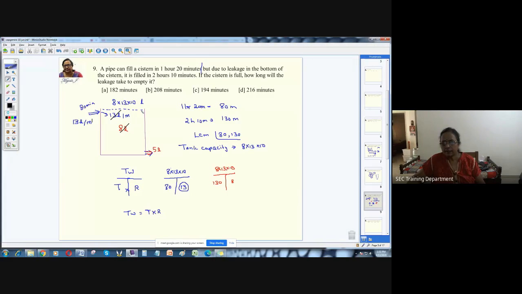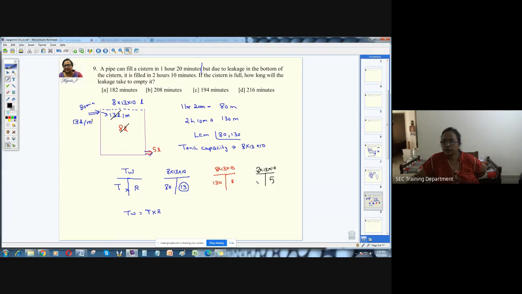So the tank is having the water. How much water? 8 into 13 into 10, that is 1040. And every 1 minute, it is going to leak out 5 liters. So how much time does it take? You can again use this T. The capacity is 8 into 13 into 10, and now this leakage rate is 5. It's a rate, not the time.